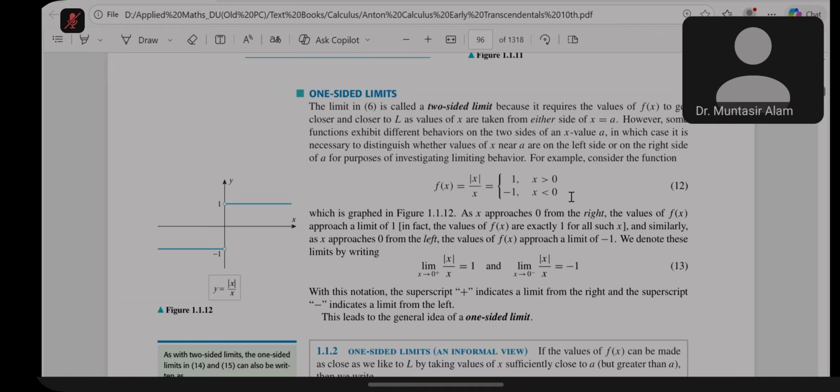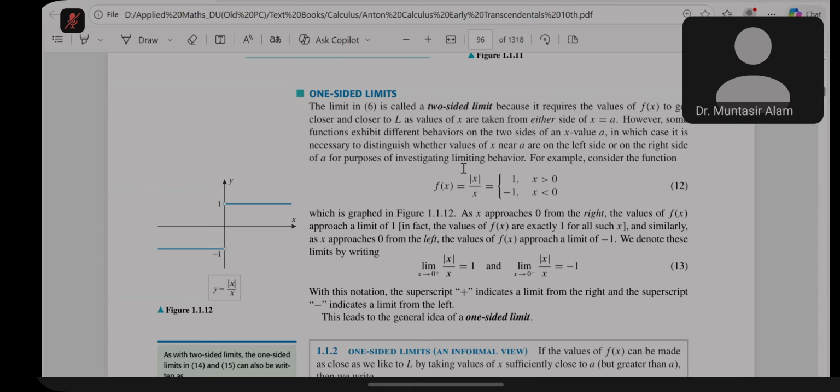For example, if it is said the limit is existing at a particular point, that indirectly means the two-sided limit does exist. But if you mention one-sided limit, then you have to particularly say whether the limit is existing from the left-hand side or from the right-hand side.